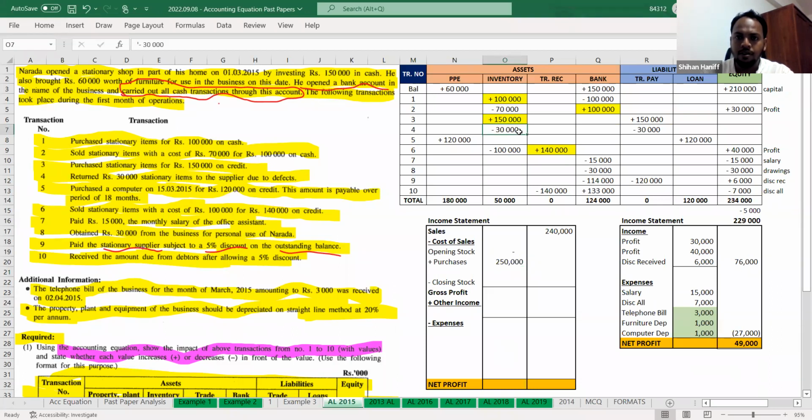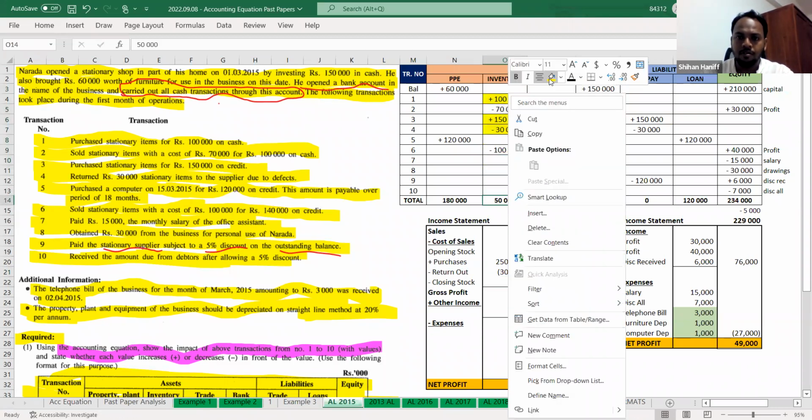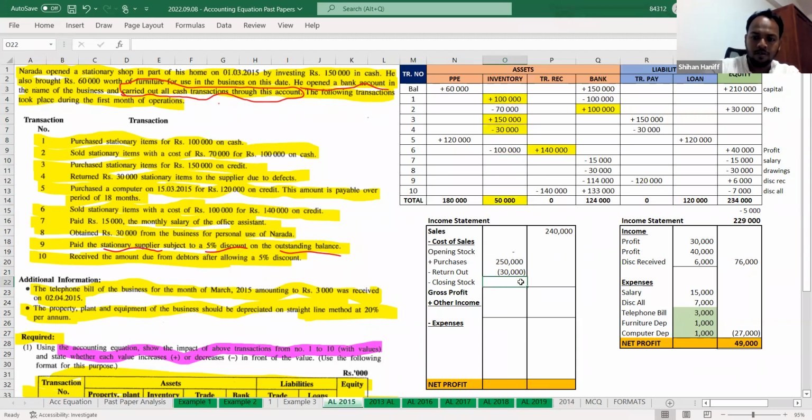There is 30,000 return outwards that we have to record. What is the closing stock? Closing is 50,000.